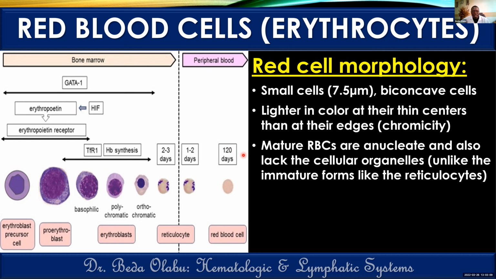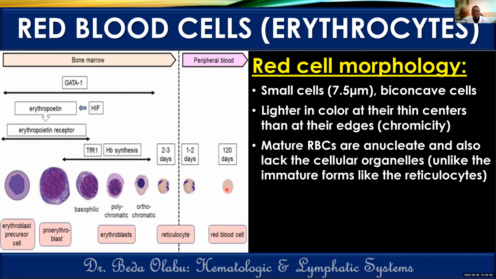The mature red blood cells themselves will have lost the nucleus as well as all the organelles. That mature red blood cell has a lifespan of about 3 months. Okay, we usually talk about 3 to 4 months within the peripheral circulation, 90 to 120 days.